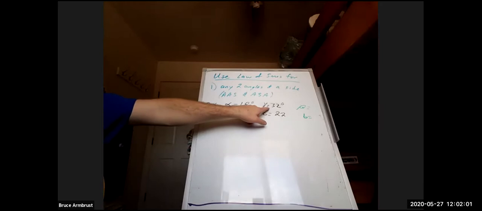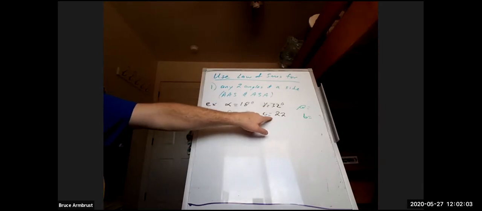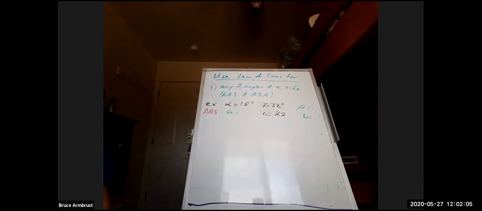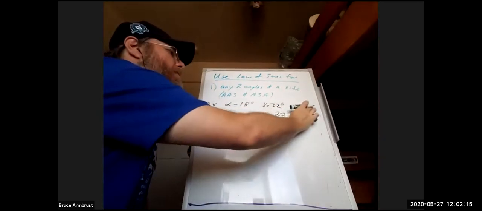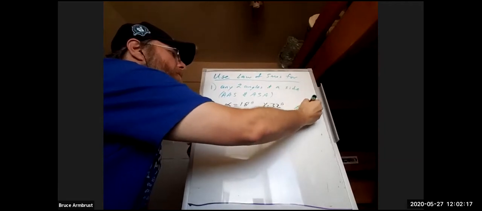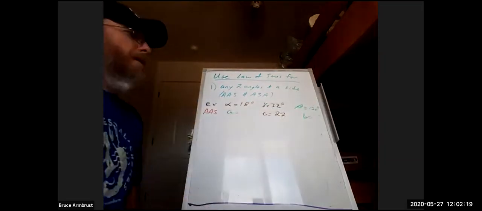Then we know we've got a side angle pair, and we would just go from there. So I'm not going to go all the way through, but let me show you the nuts and bolts of this. So we've got 18 degrees and 32 degrees is 50, which leaves me a whopping 130 degrees for beta.